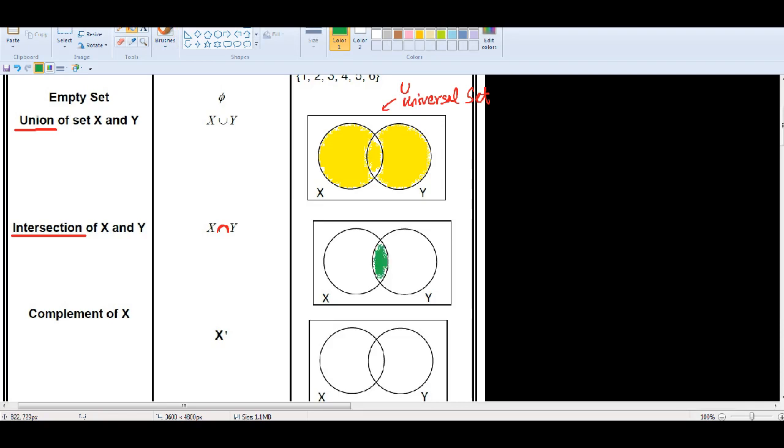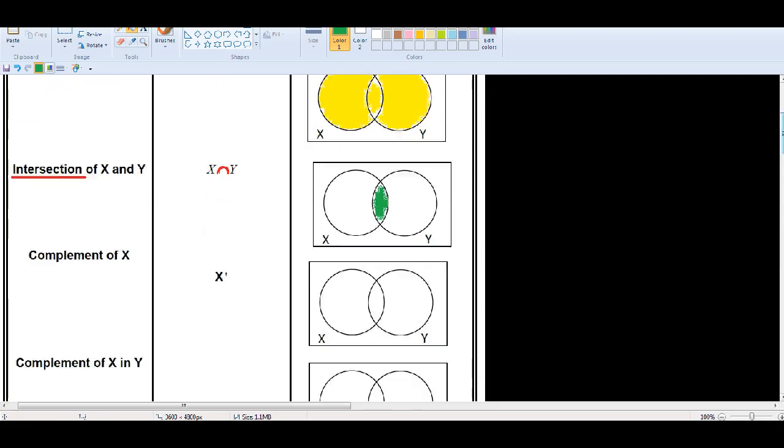It's going to be the common area between X and Y. Intersection means you just collect the elements which are common to both sets. Union means you collect all the elements from the two sets. So they are different, right?